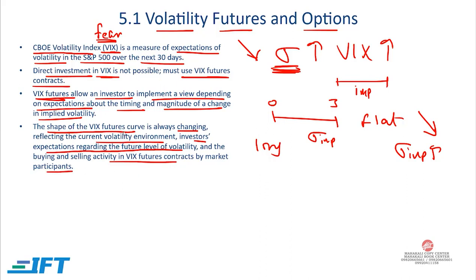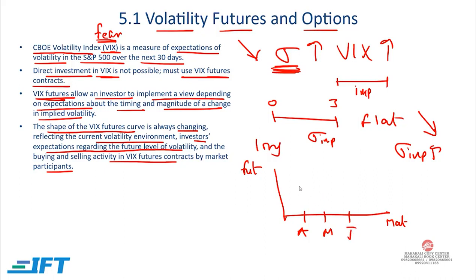When we talk about these VIX futures curves, they are like any other futures curves that we've discussed in other parts of the curriculum. So here we will have futures prices, or specifically VIX futures prices on the y-axis and different maturities on the x-axis. So we might have contracts that end in April, then contracts that end in May, June, and so on.